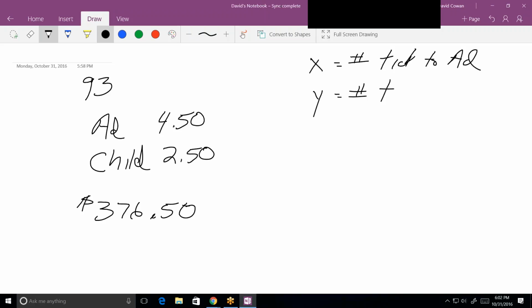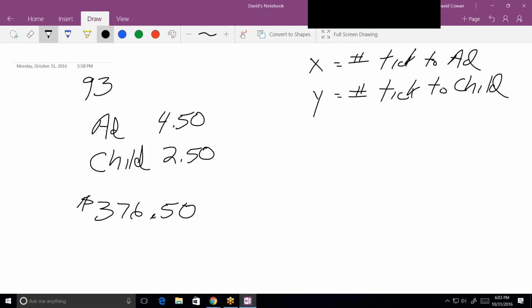And this is the number of tickets to children. Particularly in problems like this, because you have a price per ticket and you have the number of tickets, you can't just say X is number of adults, because then it can get confusing. As long as you spell it out.